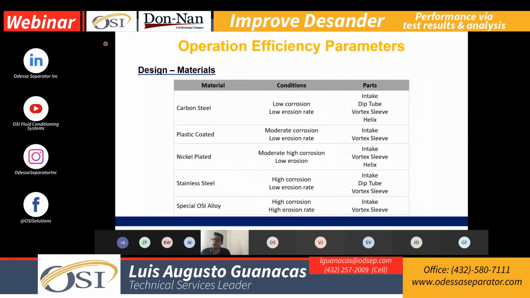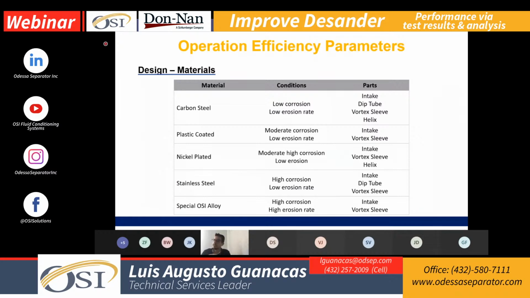So plastic coated. The plastic coated was evaluated and we found that this material is really good in moderate corrosion environments, but low erosion rate. So it's important to keep this in mind.